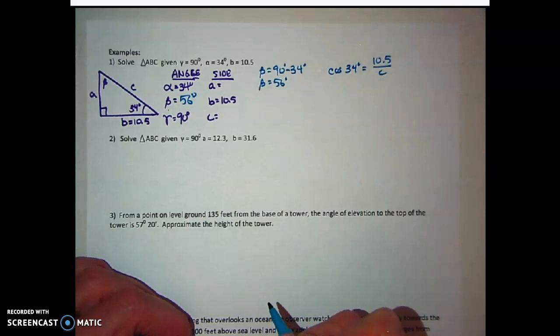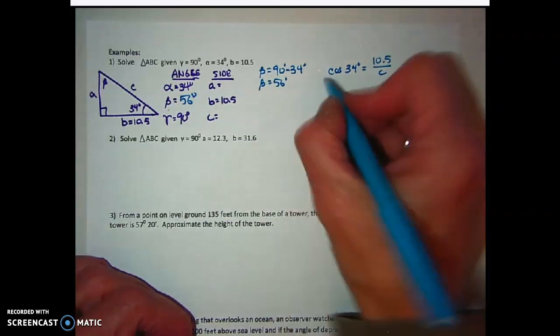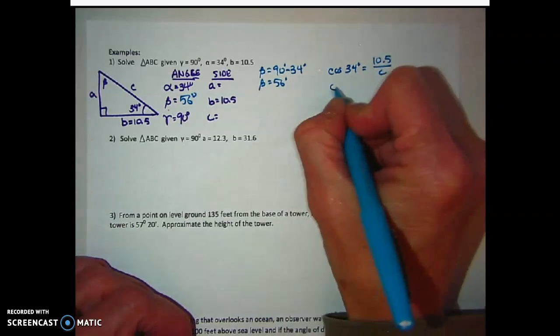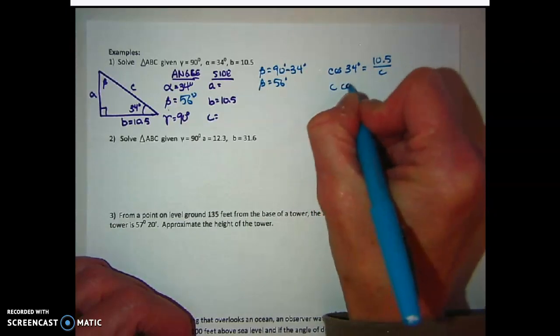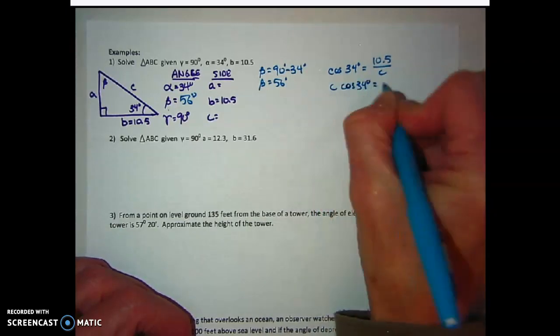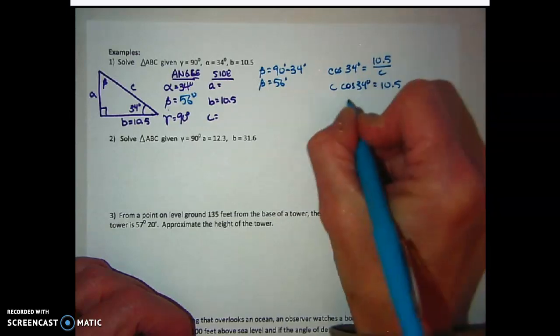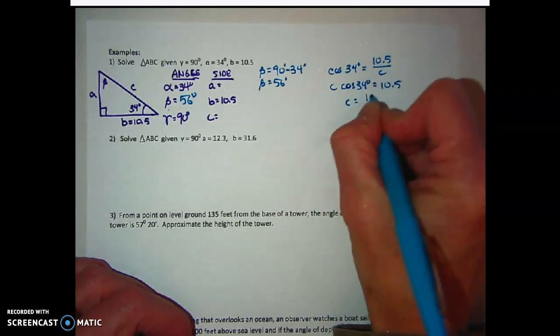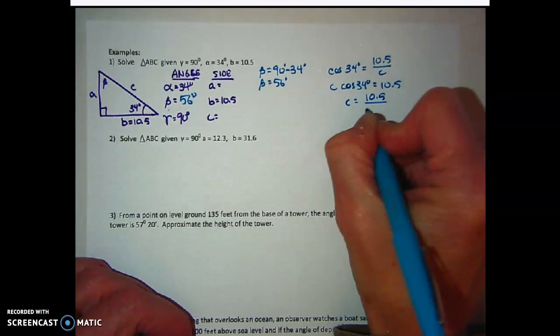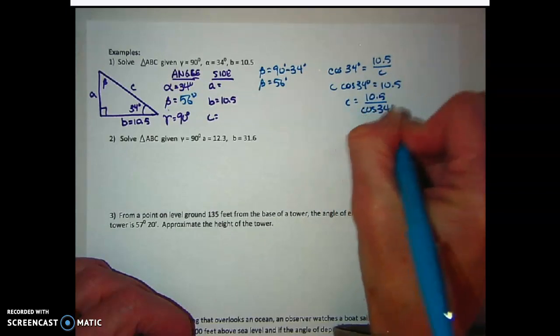And so now I just need to solve that equation for C. Multiplying both sides by C, I get C times the cosine of 34 degrees equals 10.5. And then I'm going to divide by the cosine of 34 degrees. So C equals 10.5 divided by the cosine of 34 degrees.